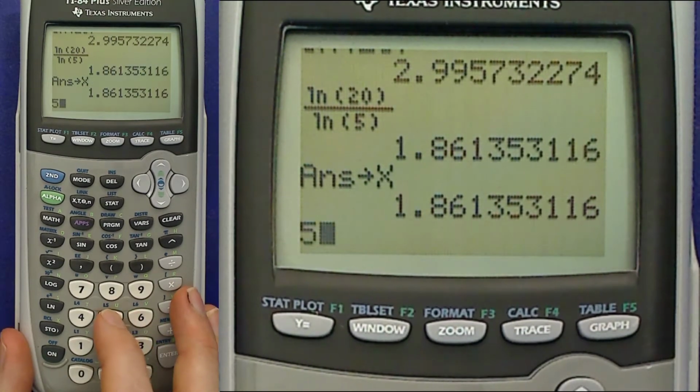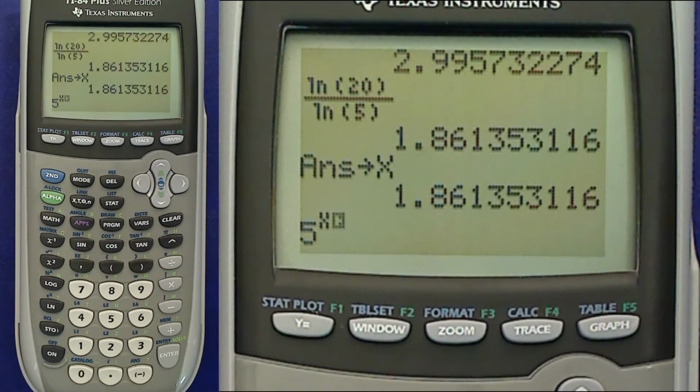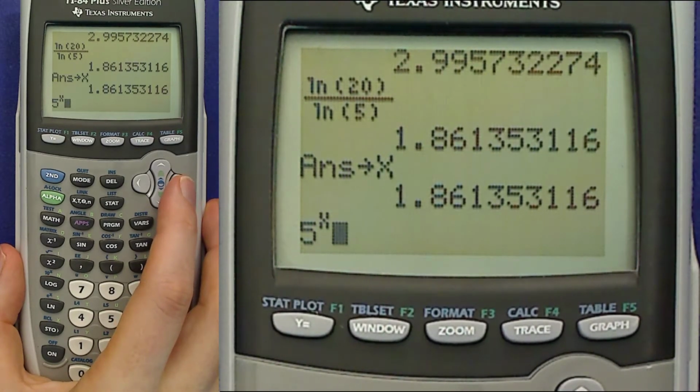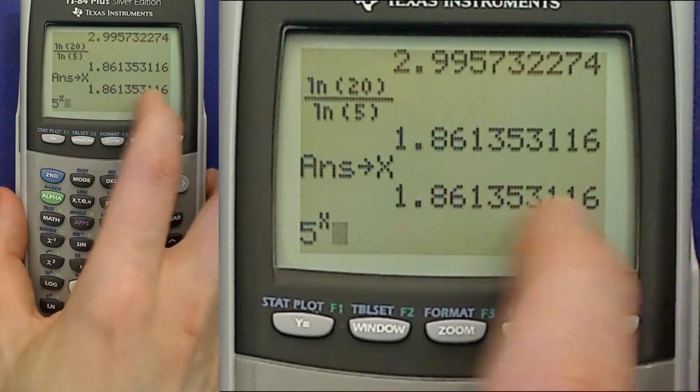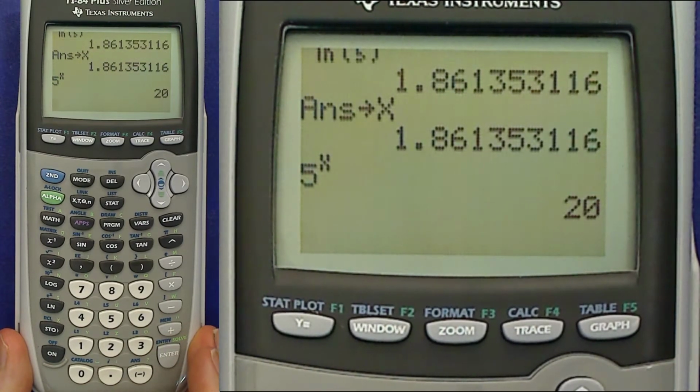Now, remember where we were going with this. We were trying to solve 5 to the x equals 20. So if I calculate 5 to the x, the calculator will pull this number from memory x and do 5 to that number. So, with any luck, drum roll, we should get what? We should get 20.